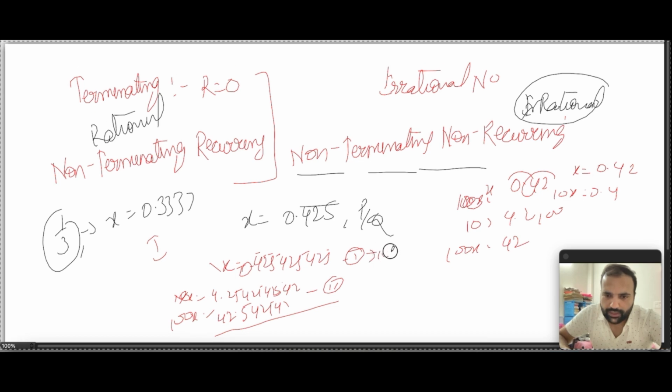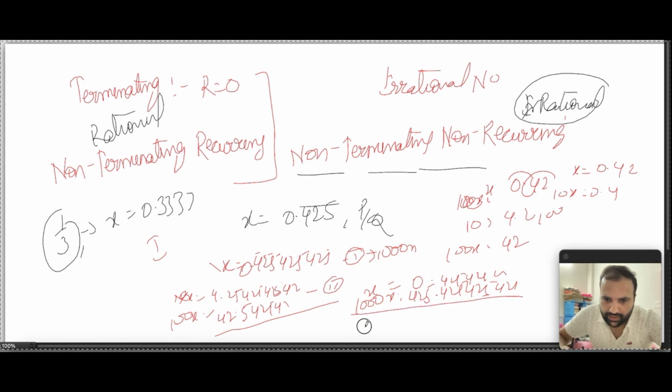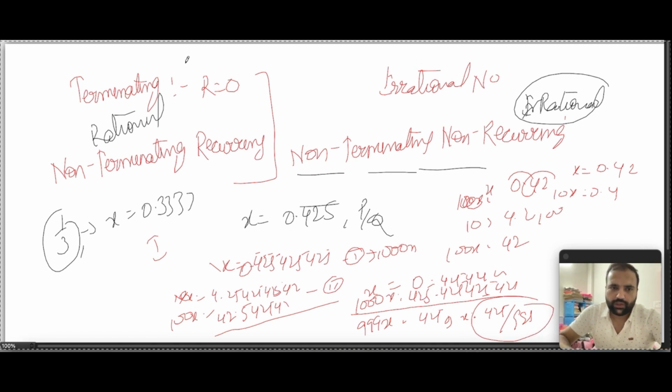Therefore we multiply 1000 on both sides, so we have 1000x equal to 425.425 bar, and we already had x as 0.425 bar. Now you can see that it is easily subtractable. We have 999x equal to 425, or x equal to 425 by 999. So that's one of the ways we can do it.